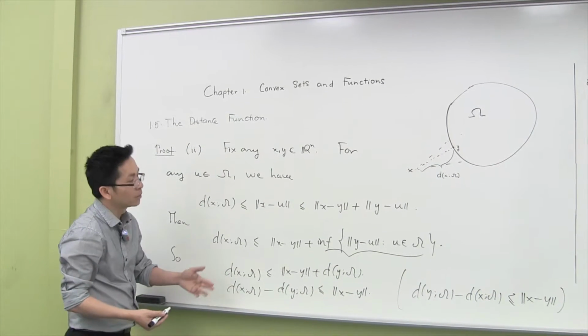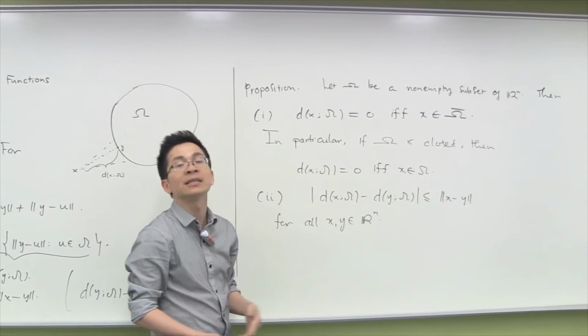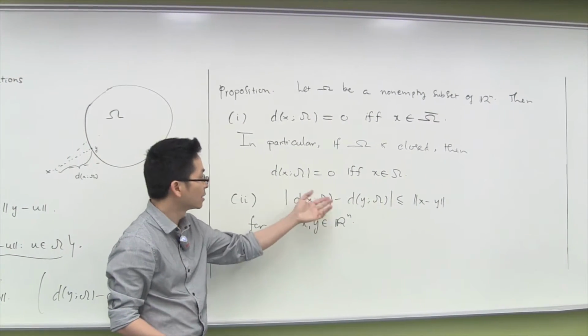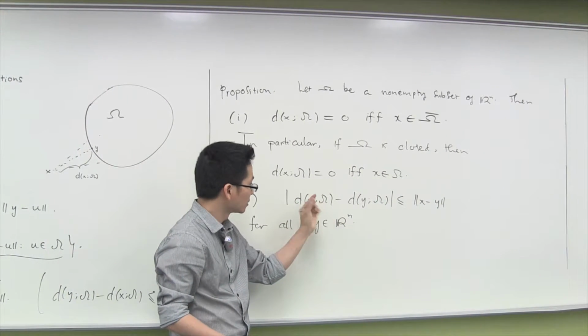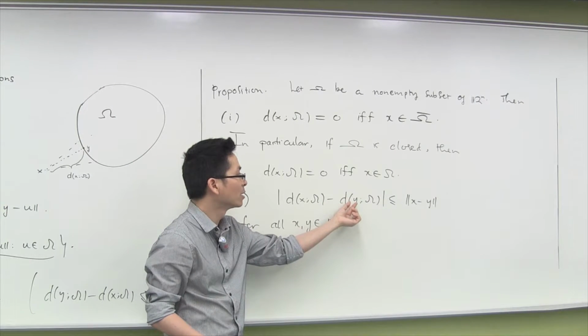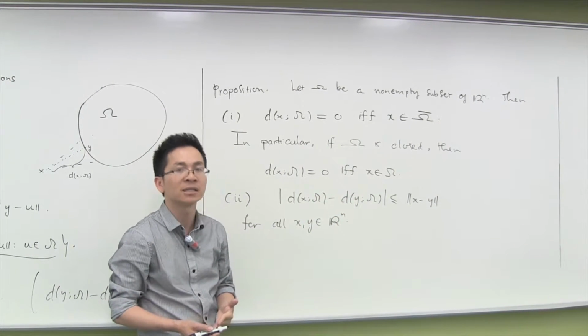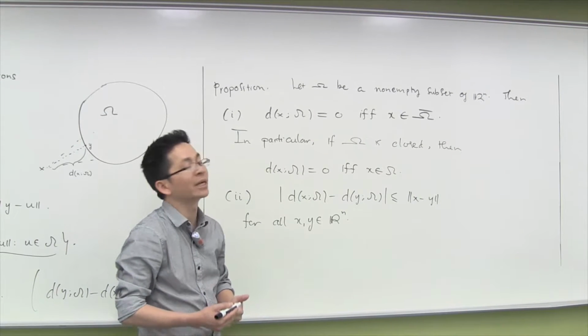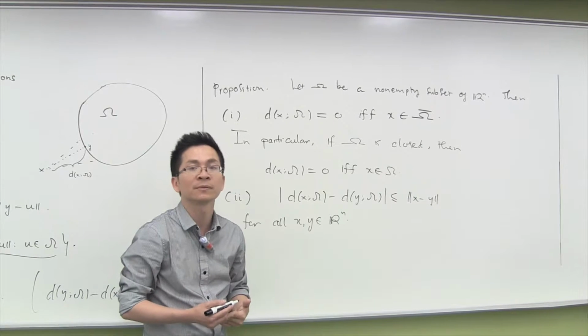And from here we will see that this property is satisfied, okay? Because the left hand side here is either the distance from x to omega minus the distance from y to omega, or the distance from y to omega minus the distance from x to omega. So the proof of the proposition is complete.